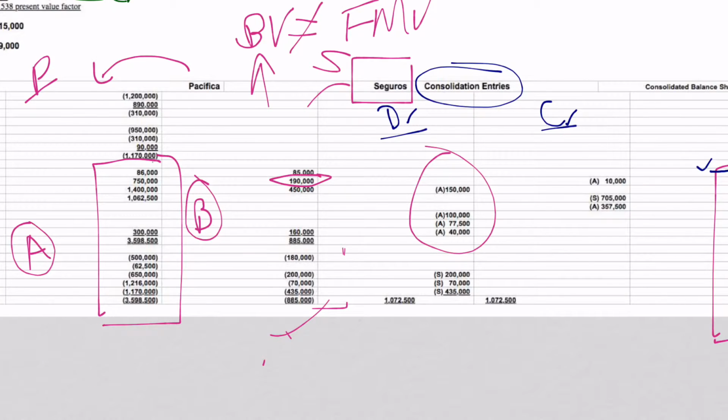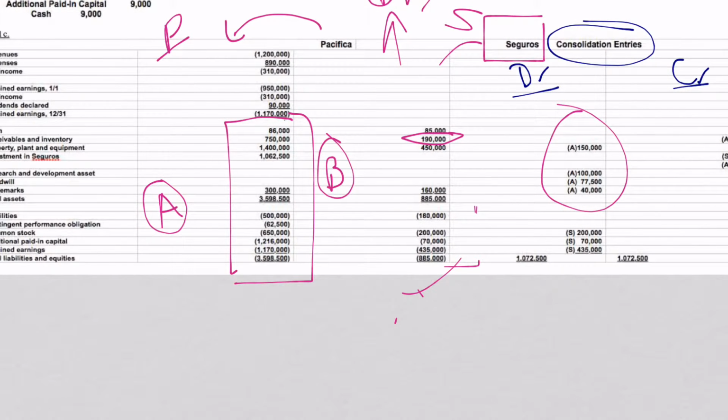So if the fair value is 180 for this line item, and over here it's 750, the total combined at fair value should be 750 plus 180, and that's 930.